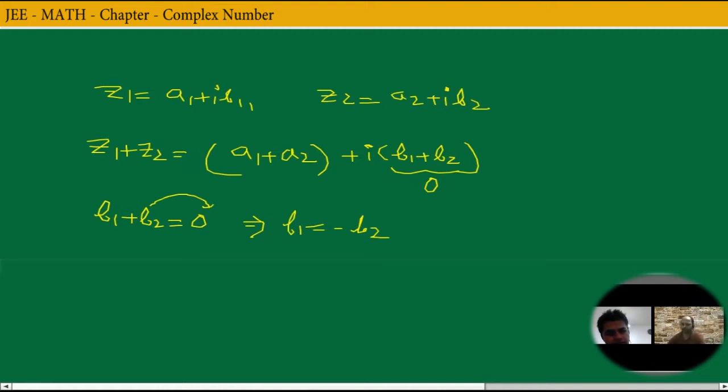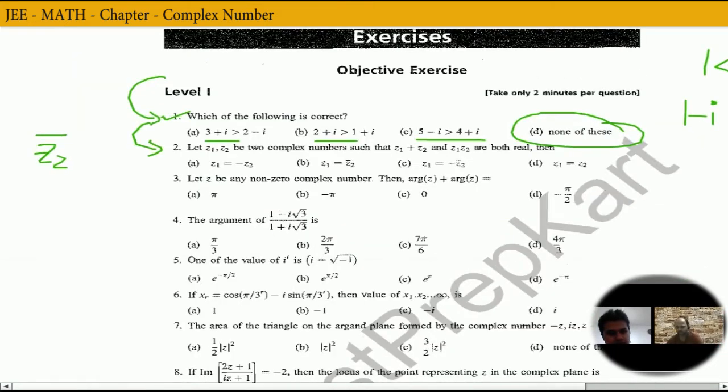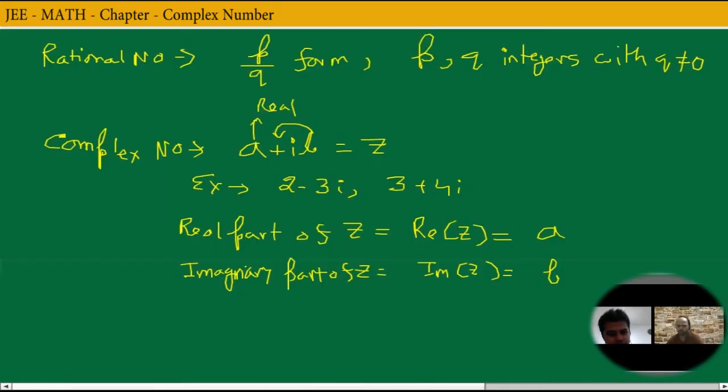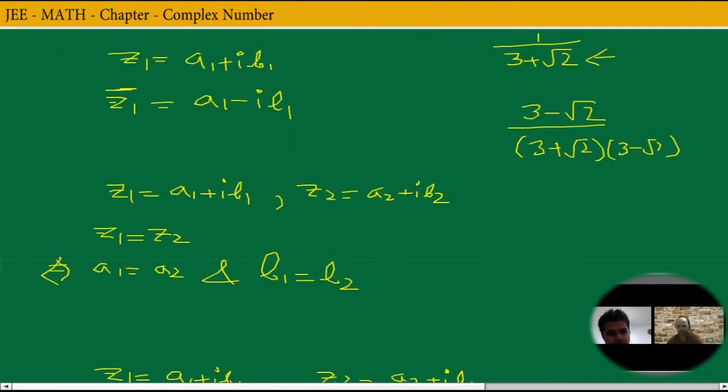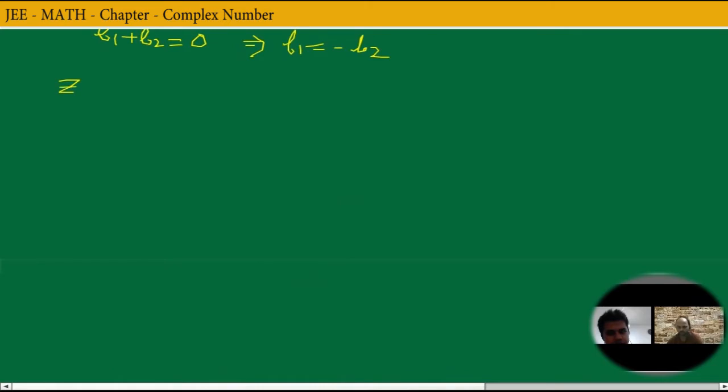Now the question says Z1 times Z2 is also real. So first we have to multiply Z1 times Z2. What will you get?